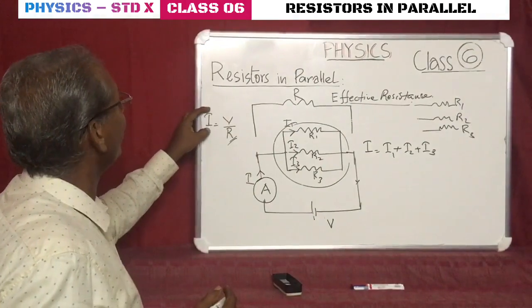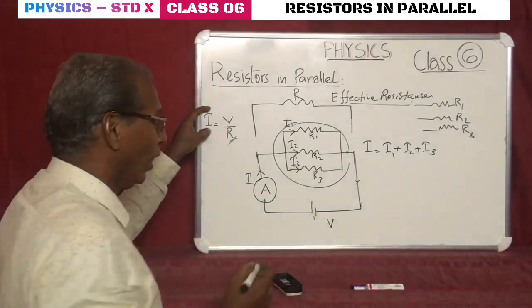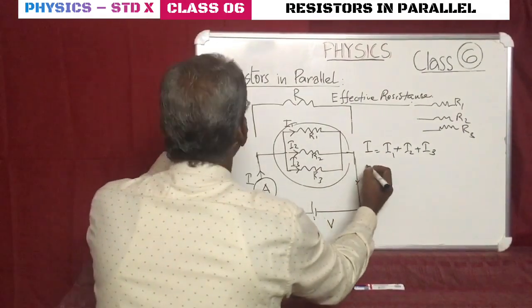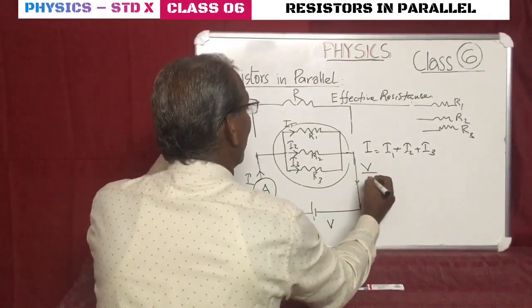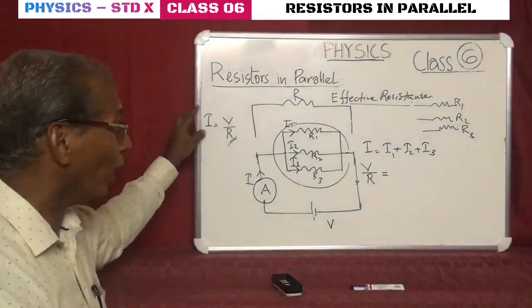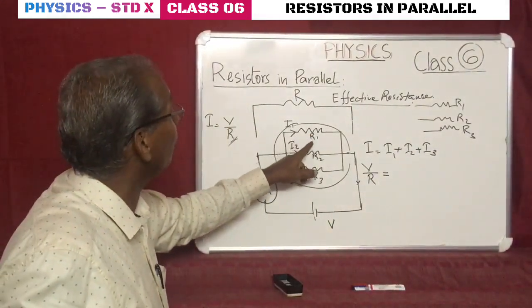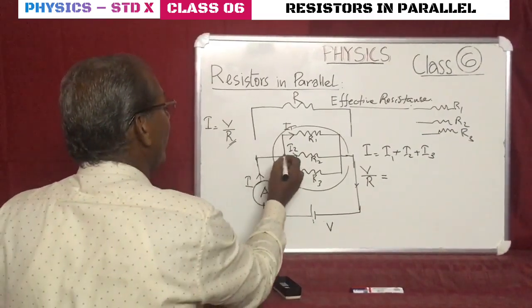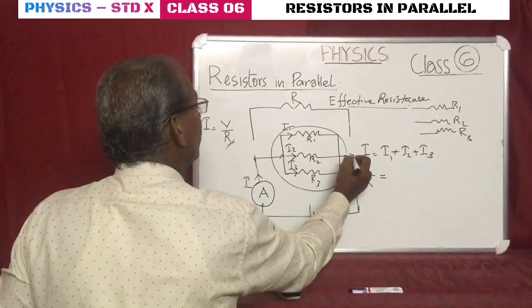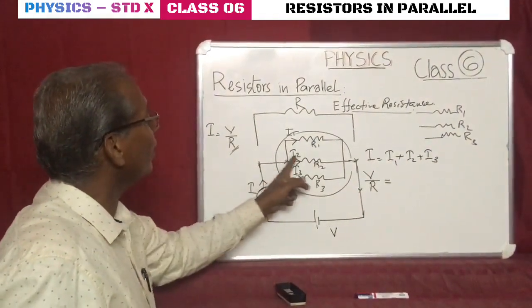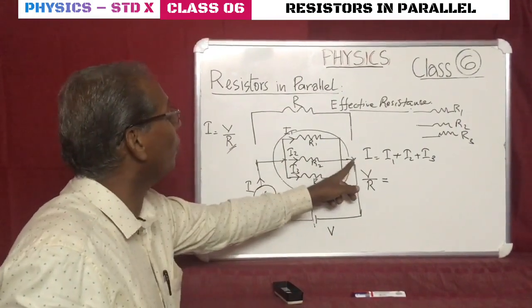Now we have already written I is equal to V by R because R is the effective resistance of these three. Substituting, we get V by R is equal to the sum of branch currents. Now we have to calculate current through R1 with voltage V, because this V is common to all these resistors, because V is connected here and here across these 2 points.